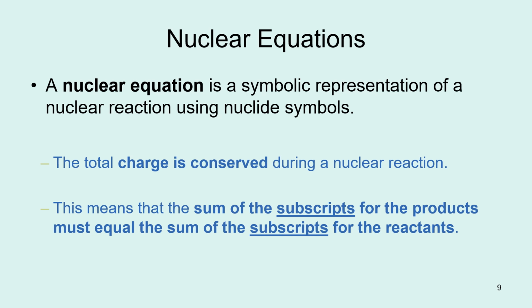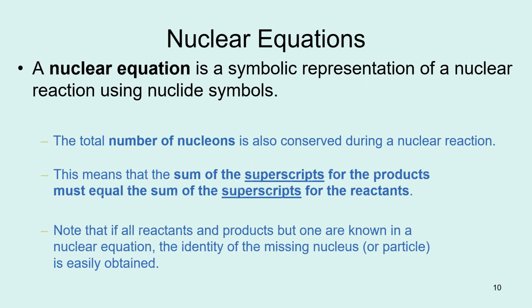And then the same thing for the superscripts. So the total number of nucleons have to be the same, whether it's protons or neutrons or whatever. So the superscripts also have to add up. So everything on the left-hand side of the arrow has to add up to equal everything on the right-hand side of the arrow.